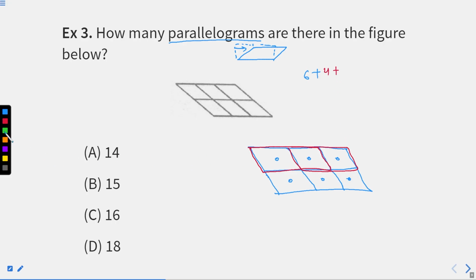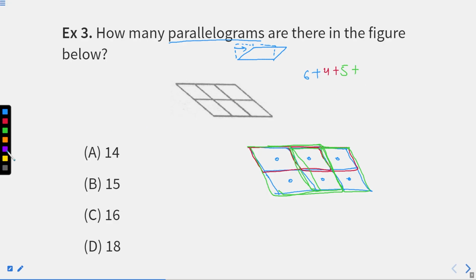Okay. Now I'll change again color for you. What will you see? This is also a parallelogram. This is also a parallelogram. And this is also a parallelogram. 3 are here, right? And this complete is also a parallelogram, 4, and this also a parallelogram, 5, right? 5 we have calculated, right?